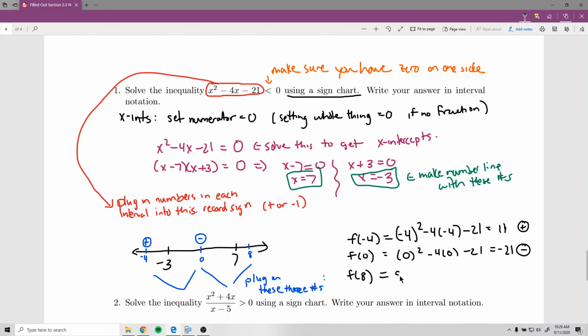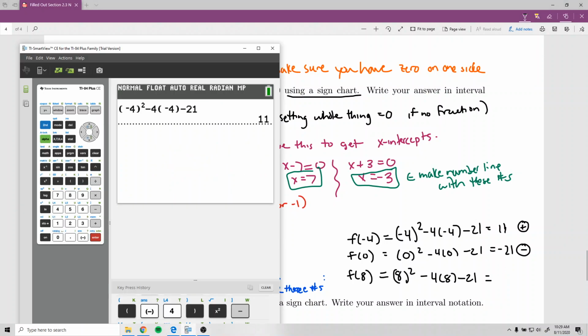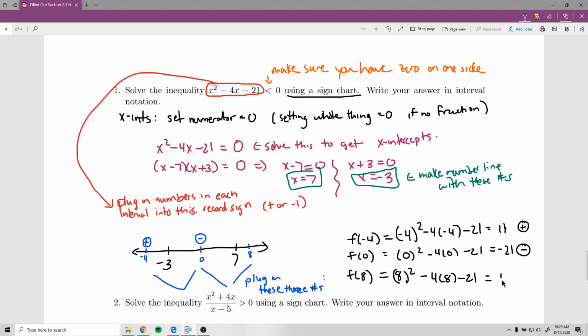So we got 8 squared minus 4 times 8 minus 21. And if you want to do that in your calculator, nothing wrong with that. Or do it by hand, doesn't matter. And we get 11. And it's not important. That's the same thing as this one. It's coincidental. What's important is we got a positive number.